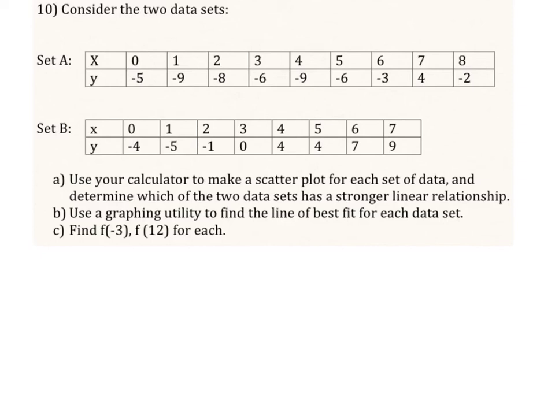Then we want to go to Stat and over to Calc. So you can press the right arrow button over to Calc, and you go down to LinReg ax plus b and hit enter. And you hit enter one more time, and now you get y equals ax plus b.